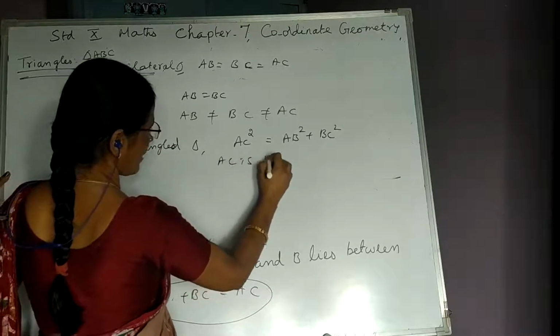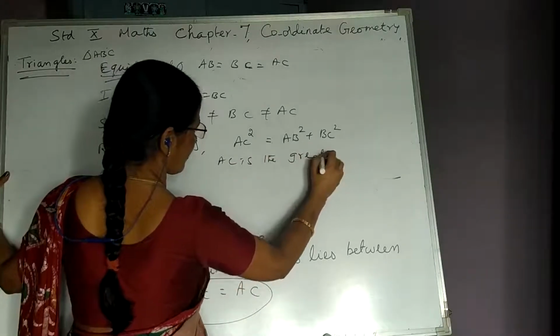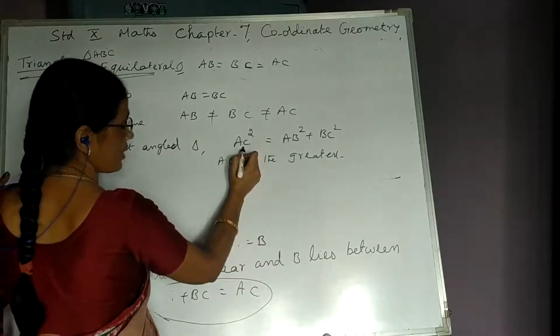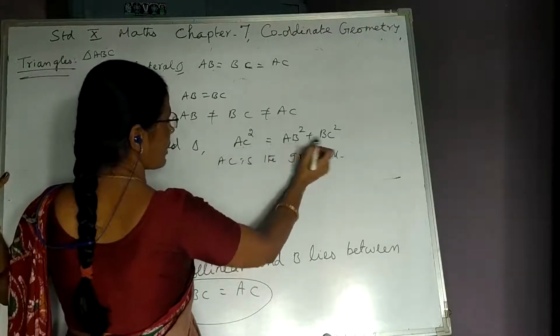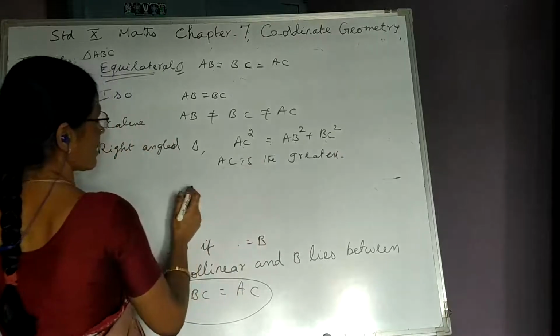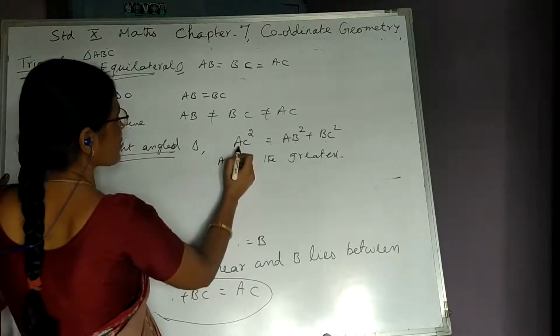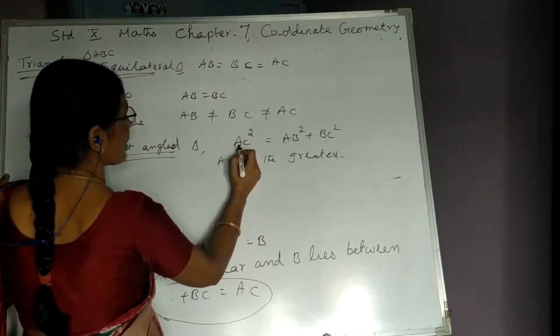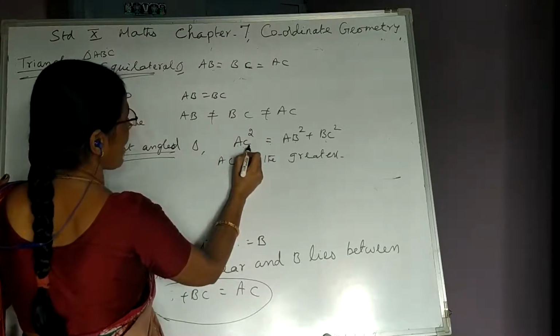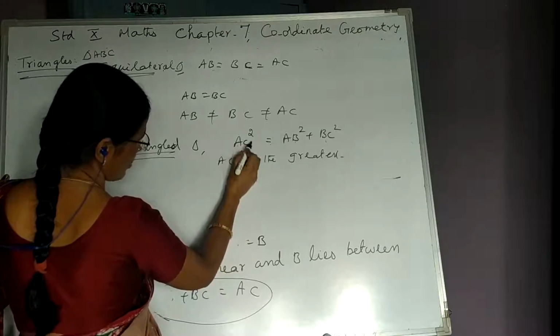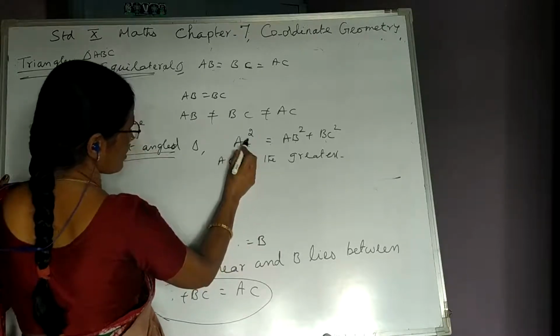If AC is the greatest, then if the square of AC is equal to AB square plus BC square, then we say triangle ABC is a right angled triangle, and AC becomes the hypotenuse and angle B becomes the right angle, meaning the alphabet which is not present here. B becomes the right angle.